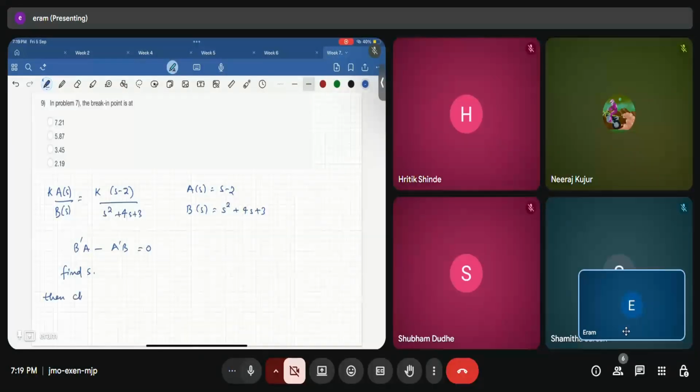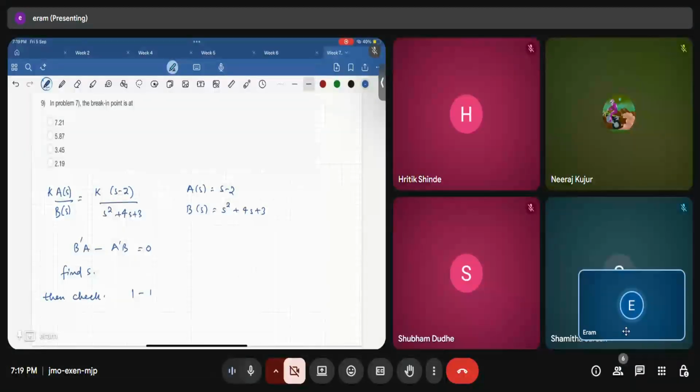So since we have positive feedback, what will be the characteristic equation? It will be 1 minus or plus, 1 minus k a by b or 1 plus k a by b.